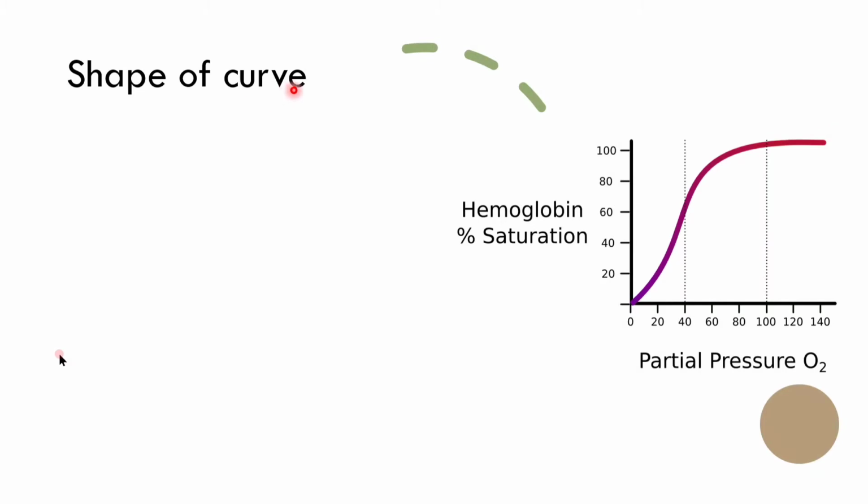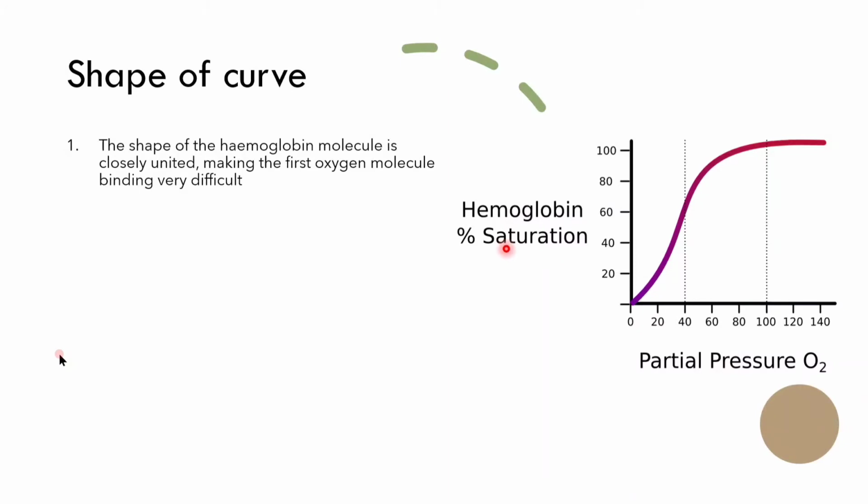So now moving on to the shape of the curve. So we say that this is a sigmoidal shape, but why does the hemoglobin saturation curve take this shape? So the shape of the hemoglobin molecule, our protein, is closely united.